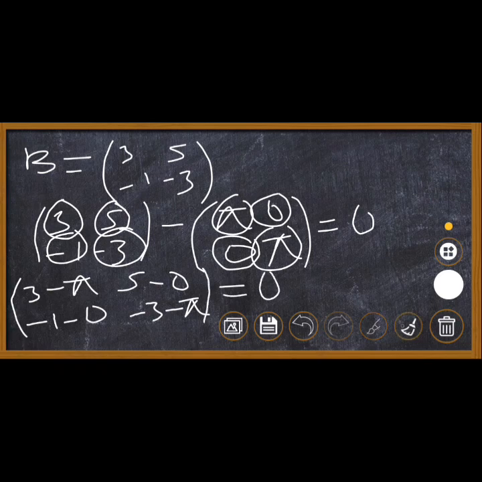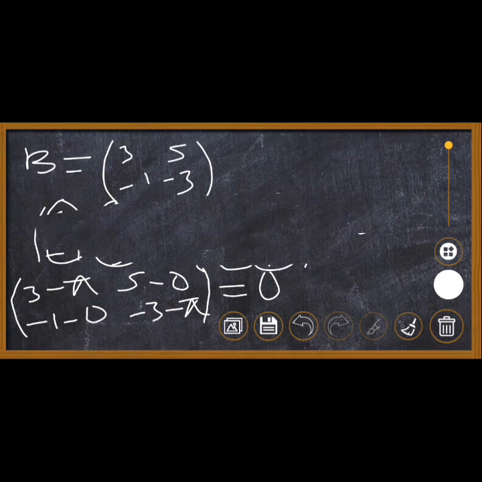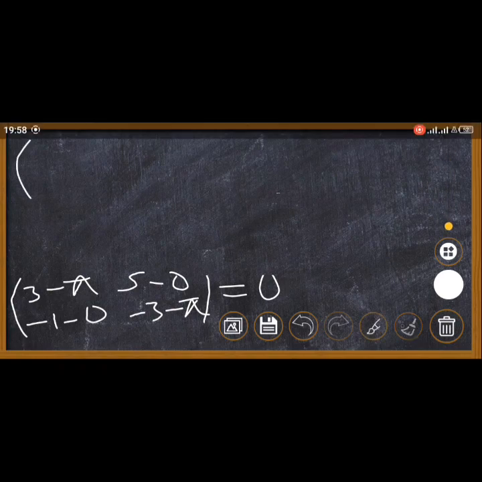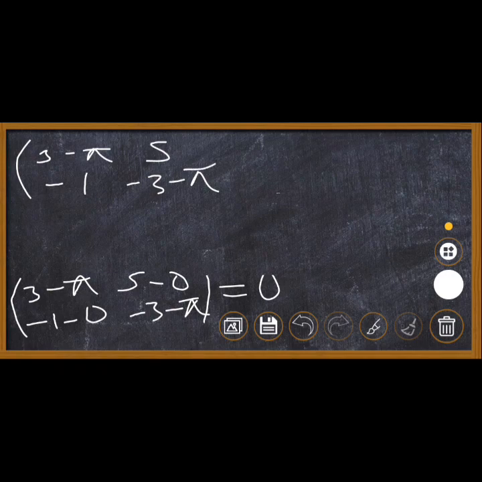So we know that we can simplify this further. So let's just create space on top. You can go ahead of me since we have learned all this so that you get the point. So in this case then, we are going to have 3, subtract pi. What is -1 minus 0? It's just -1. What's 5 minus 0? It's just 5. So here we have -3 minus pi. All of these equal to 0.